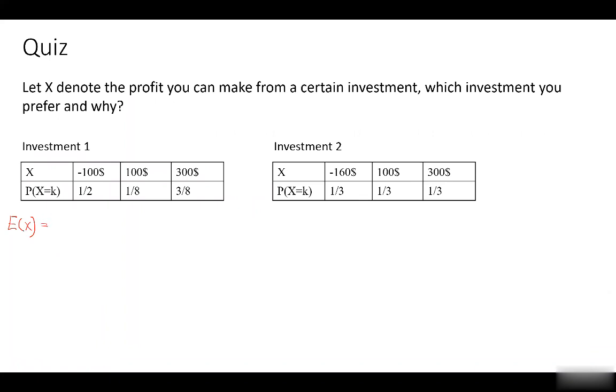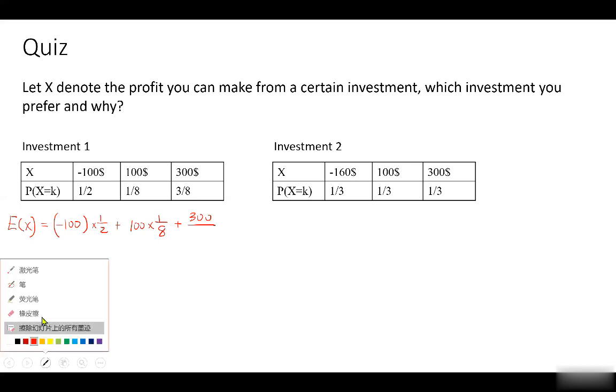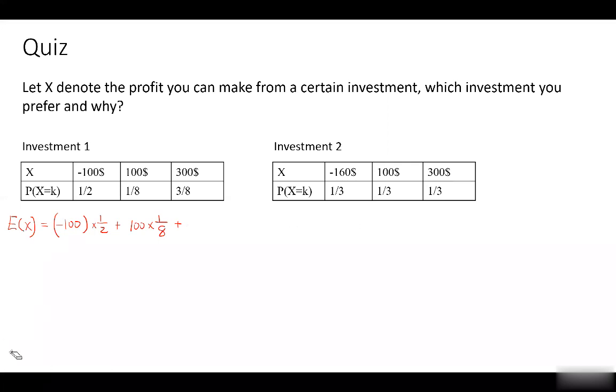The expected value of X, according to the definition, is minus 400 times 1/2 plus 100 times 1/8 plus 300 times 3/8, right?